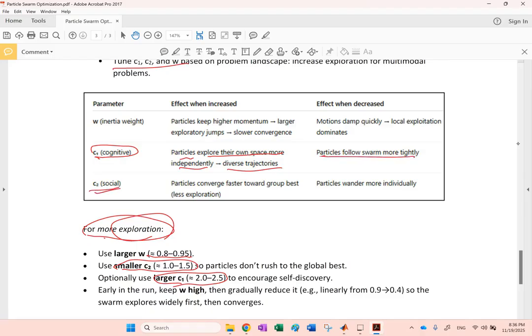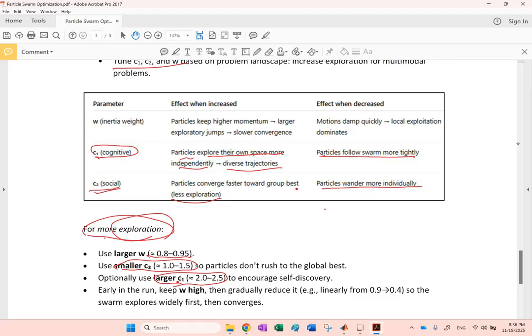Similar thing for C2. If C2 is big, basically all of them try to get toward the current best from all particles, so they do not explore too much. And if you make it small, of course, they wander more. So you see C1 and C2 have kind of opposite effects of each other. That's why you pick a big C1 in the beginning and a small C2. And as you go toward convergence, maybe you can change the direction of them.